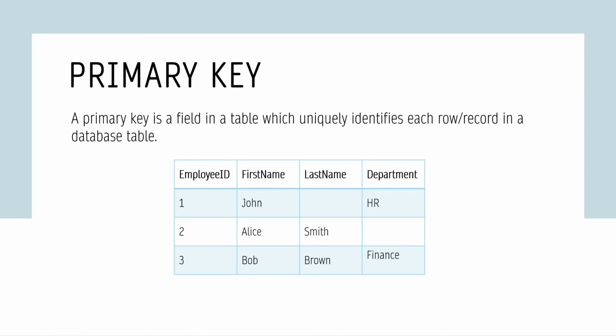So a primary key is a field in a table which uniquely identifies each row or record in a database. Primary keys must contain unique values. This is something you have to keep in mind, and a primary key column cannot have null values. A table can have only one primary key, which may consist of single or multiple fields. So there are three most important things you must know.